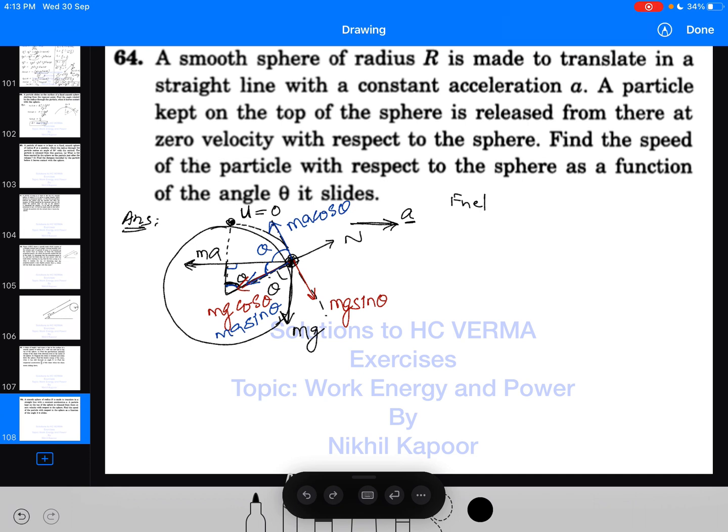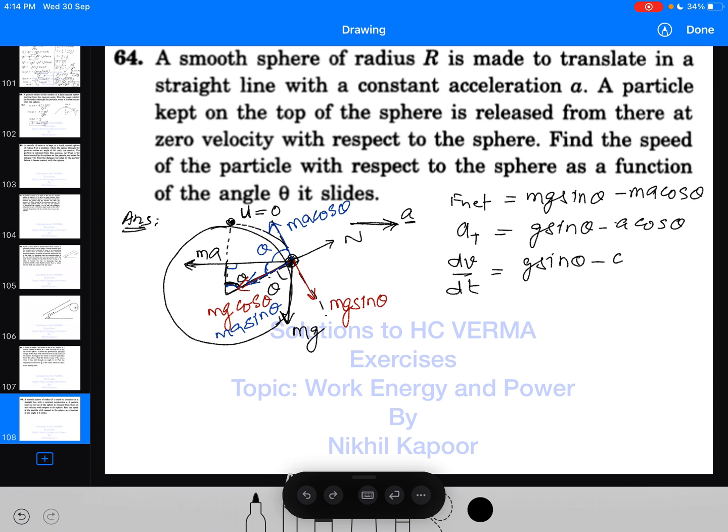Now if you see carefully, the net unbalanced force acting on it is mg sin theta minus ma cos theta, that is the tangential force. Therefore the tangential acceleration, dividing by mass, will be g sin theta minus a cos theta. Tangential acceleration is nothing but the derivative of speed with respect to time, but we have to find the speed as a function of theta.